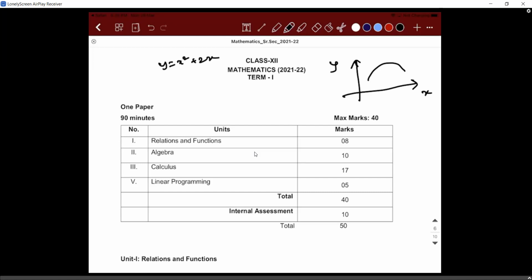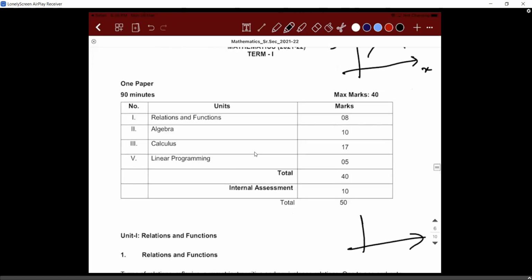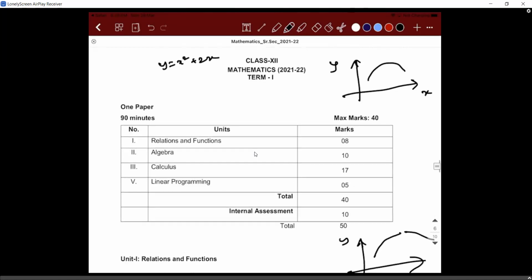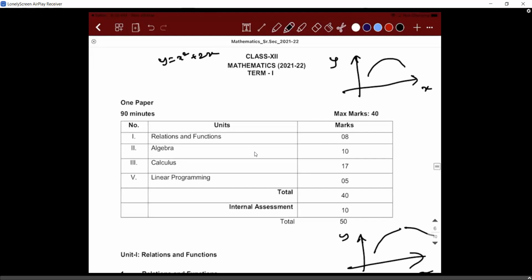The same graph, but what is the difference? There is one break. If I ask you, will you be able to differentiate it? Answer is no. Why?